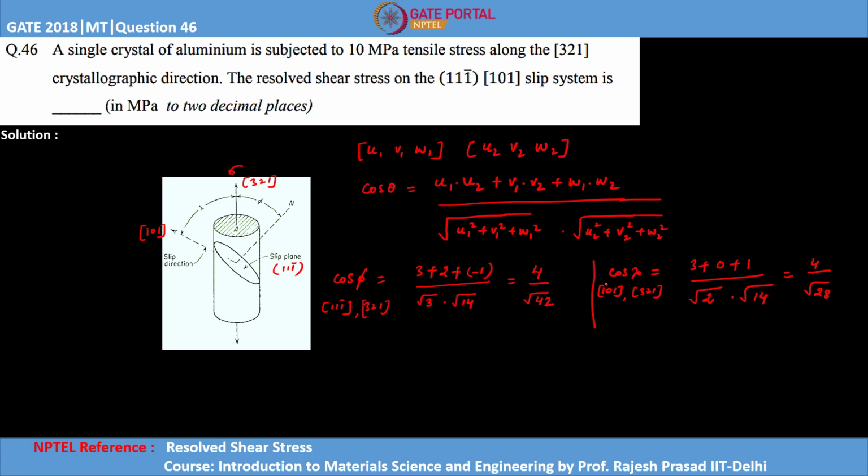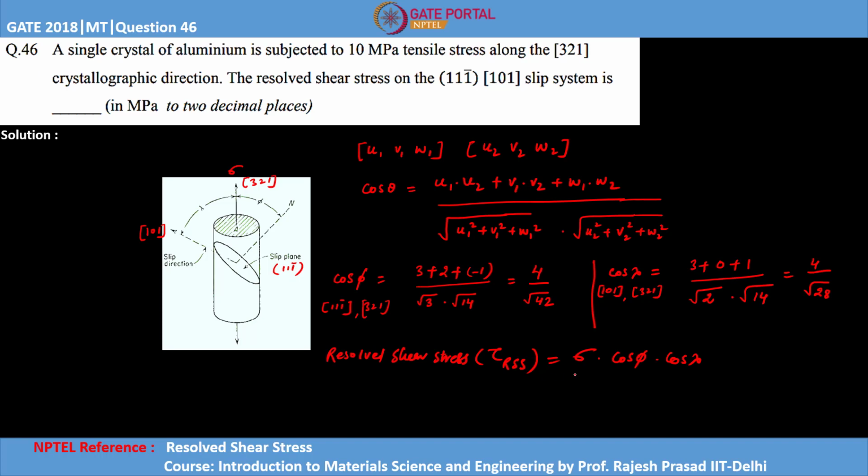Now what is our resolved shear stress? If we denote it by tau RSS, it is sigma, the applied stress, times cos phi times cos lambda.